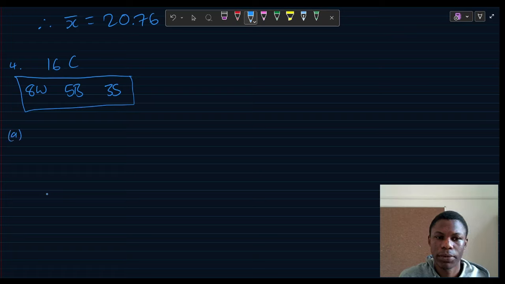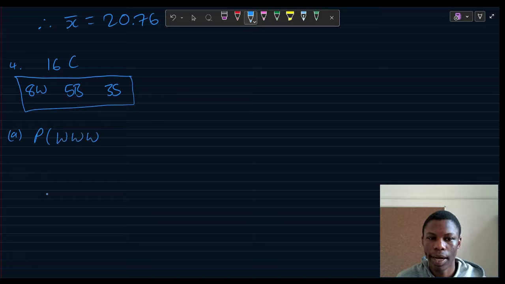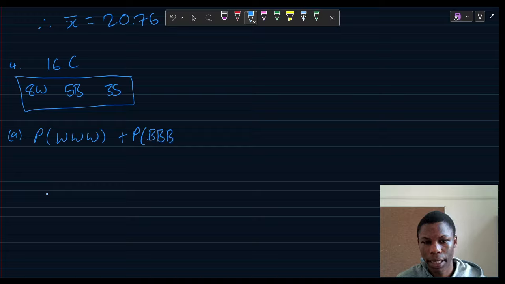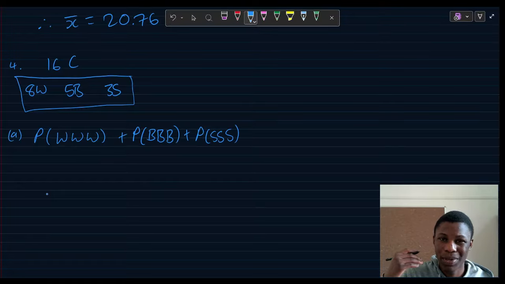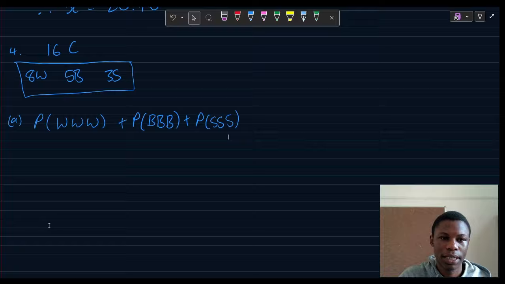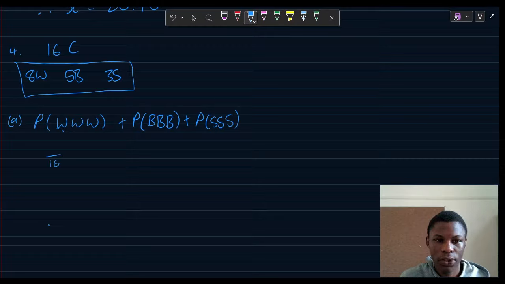Okay, so for him to get all 3 cars being the same color, it's either he picks white, white, white, or, so we add, or he picks black, black, black, or silver, silver, silver. And remember, this is all without replacement. So for the first white pick, we're picking out of 16 and we've got 8.